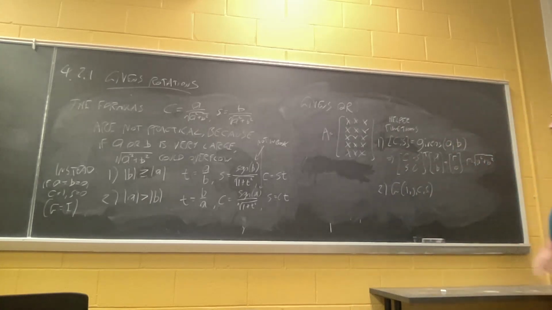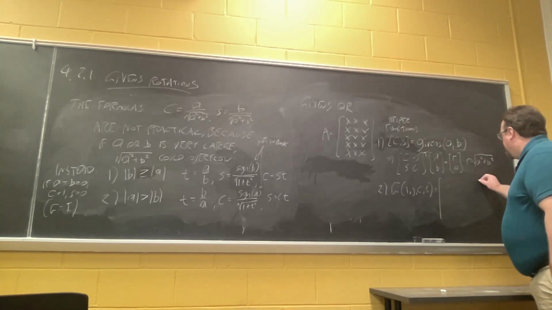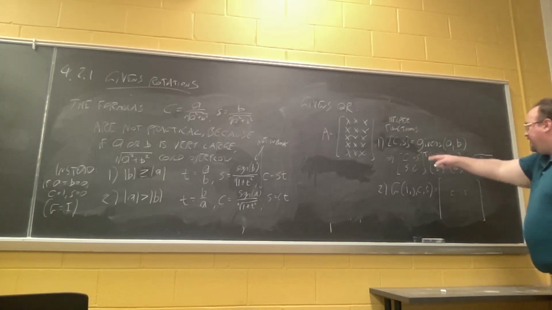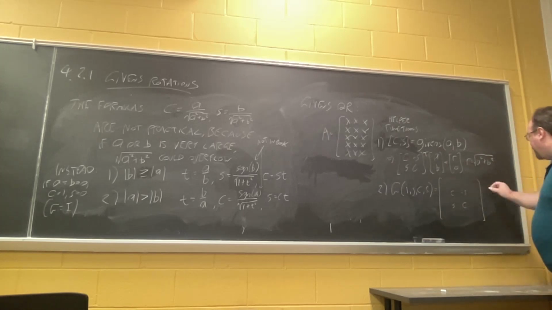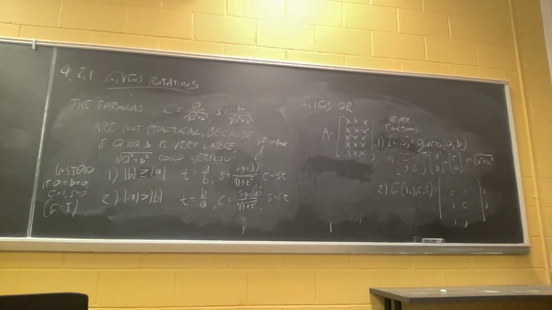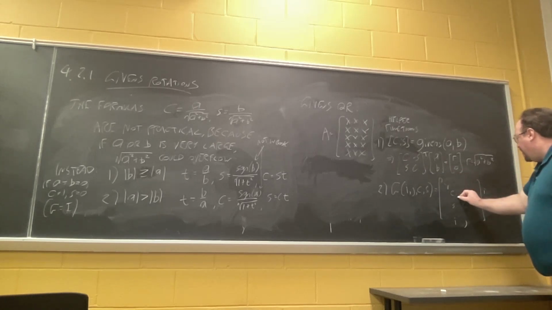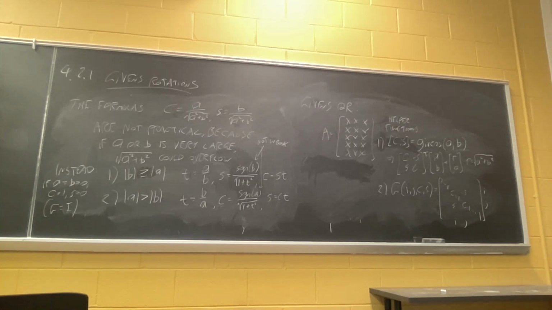Then once you have a cosine-sine pair, you think of G, capital G(i, j, c, s), as giving a matrix that will take the elements of this single Givens rotation and place them in the i and j rows and columns of an m by m matrix, where all the other entries of the matrix are 0, except on the diagonal where they're identity, or equal to 1.